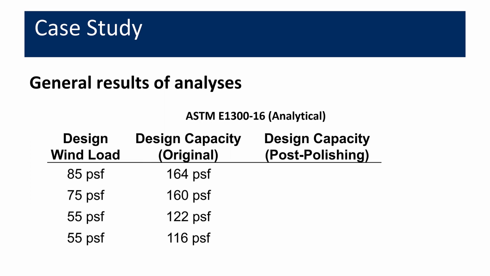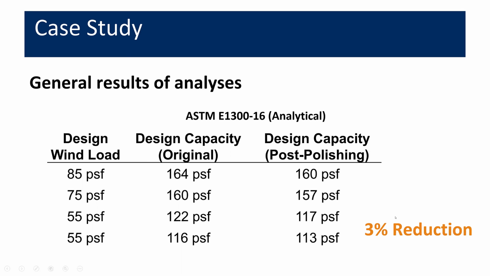So we used that reduced thickness and reduced RCSS to recalculate the design capacity after polishing, and we find that we had a relatively small decrease in strength in this case, about a 3% reduction.